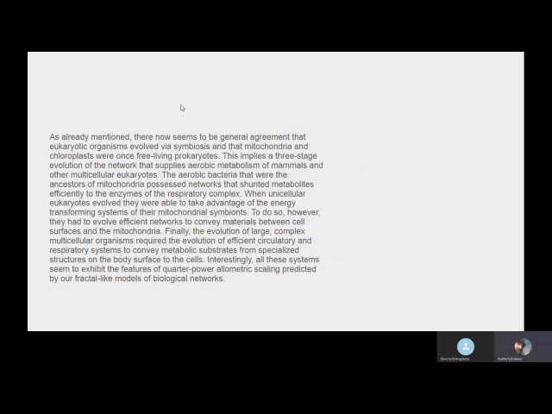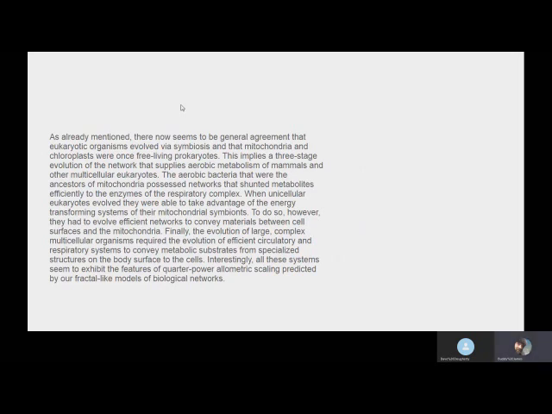To do so, however, they had to evolve efficient networks to convey minerals and materials between cell surfaces and the mitochondria. Finally, the evolution of large, complex, multicellular organisms required the evolution of efficient circulatory and respiratory systems to convey metabolic substrates from specialized structures on the body surface to the cells.